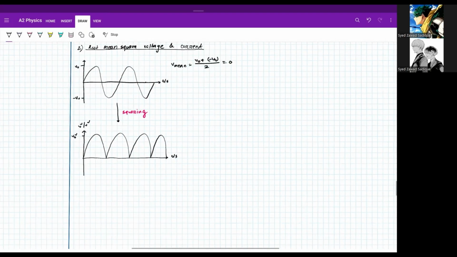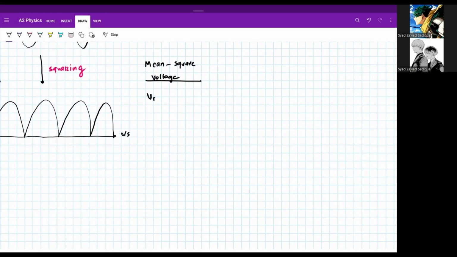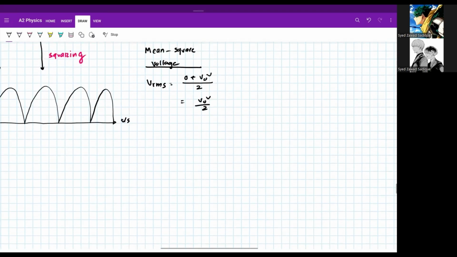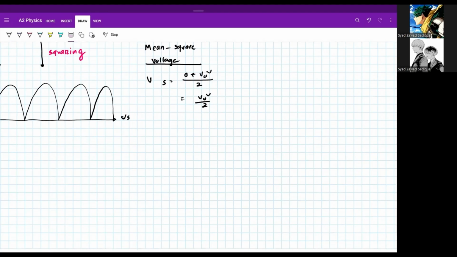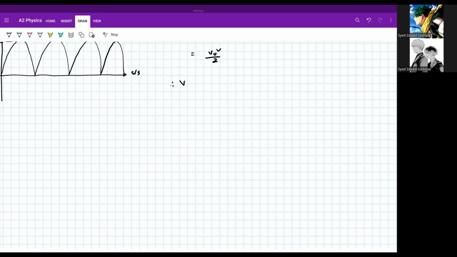Right. Now, if we squared it, our mean we have to say as mean square voltage. Now, our mean square voltage, V MS, is equal to 0 plus V naught squared by 2, which is V naught squared by 2, and V RMS is root of V naught squared by 2.